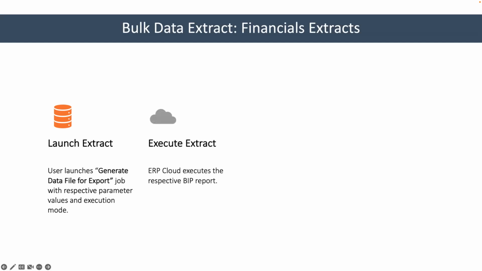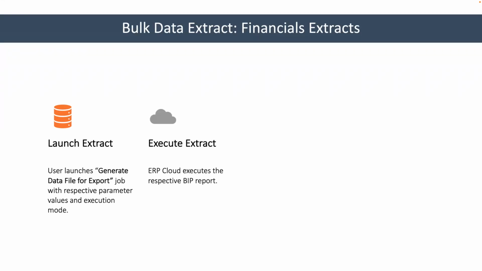You execute the extract using the respective BI Publisher. So you run a job to generate the extract. Normally you will use this if you have a requirement, for example, where a tax authority needs you to send data to them on a regular basis.